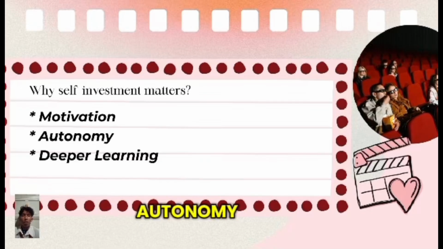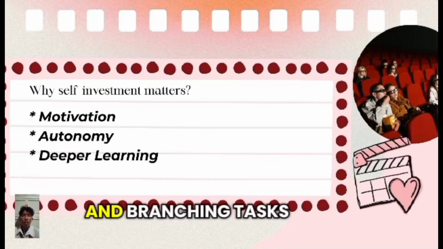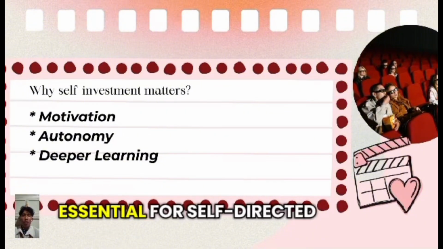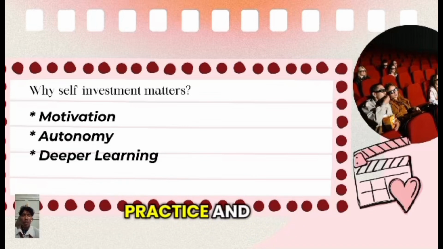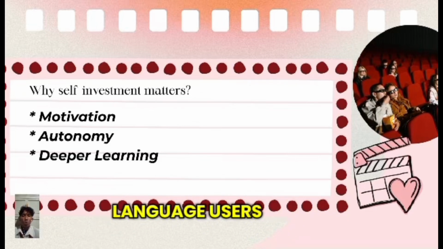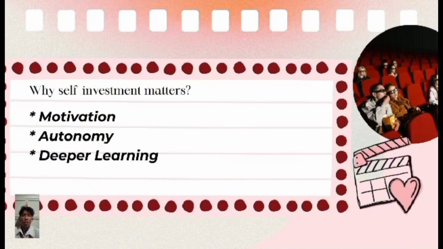Second is autonomy. Options, menus, and branching tasks let learners control pace and path, essential for self-directed practice and identity formation as language users. The third one is deeper learning.